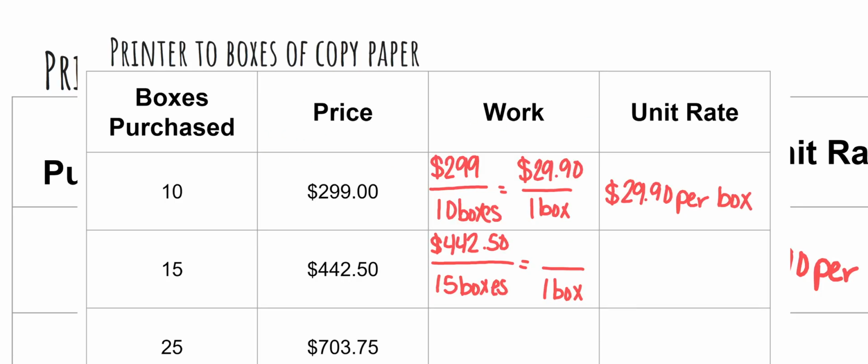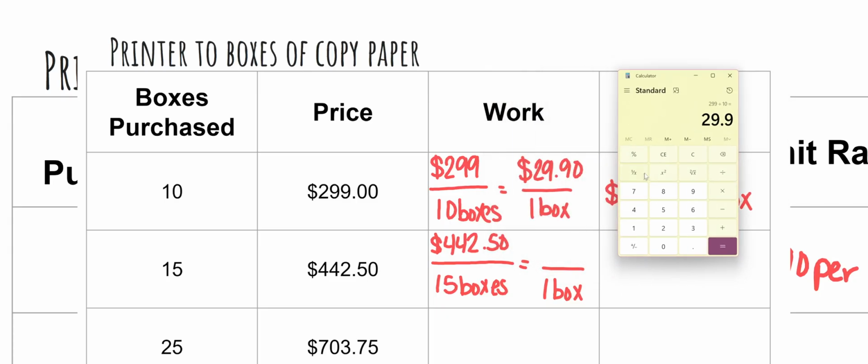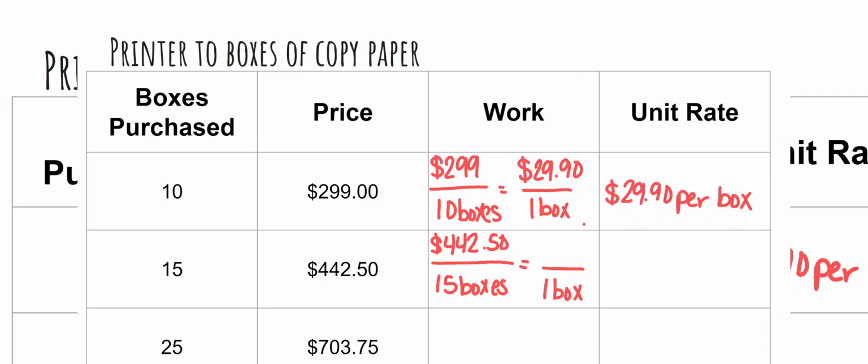So I'm going to grab my calculator and we're going to say 442.50 divided by 15 gives me a total price of $29.50. This one's a little bit different. Remember last one, all the prices wound up being the same. This one's a little different. $29.50. So we're getting it a little bit cheaper when we buy more. We're getting a 40 cents difference per box.